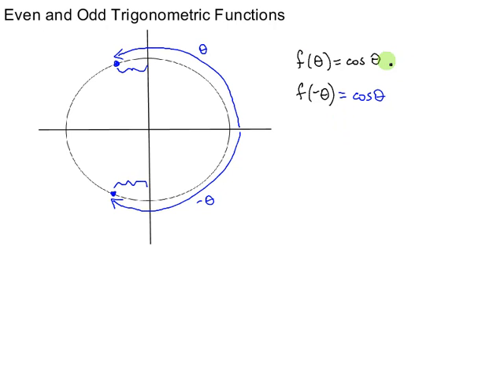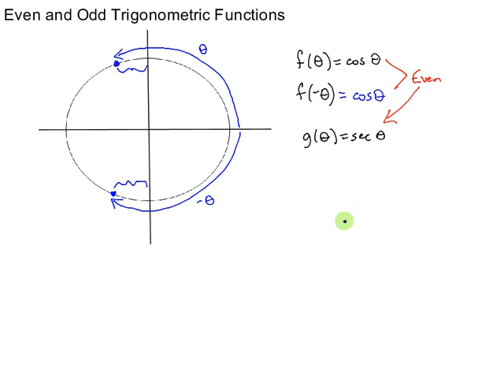Therefore, cosine is an even function, because whether you plug in a positive or its negative angle, you get the same cosine value out. Okay? So similarly, its reciprocal, secant, is also even.